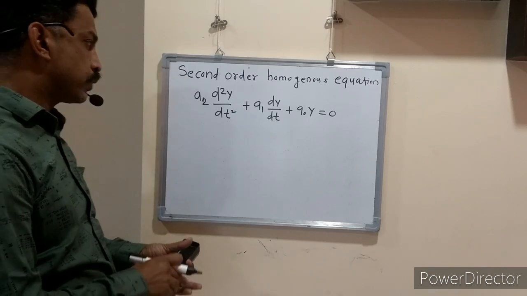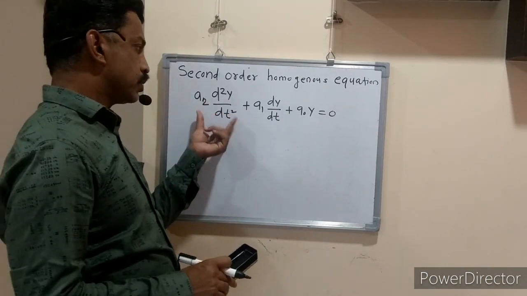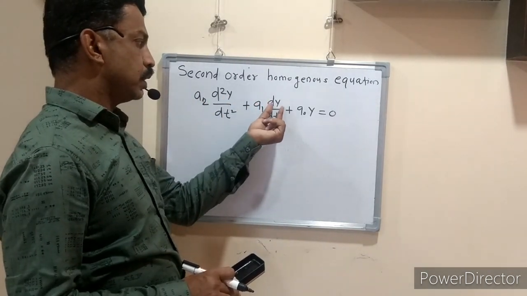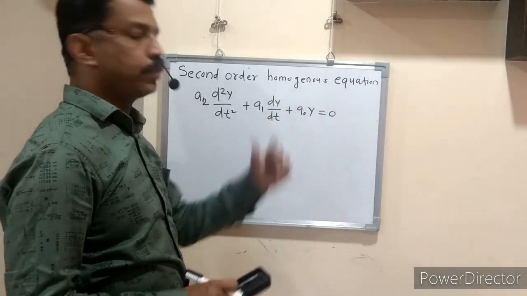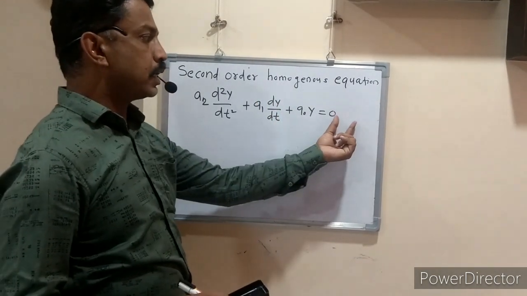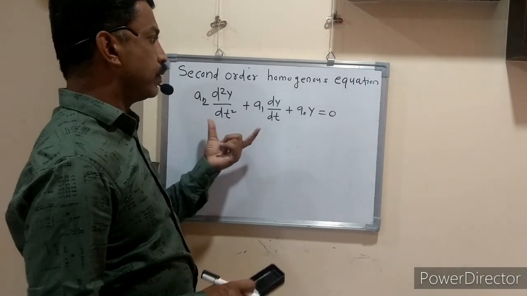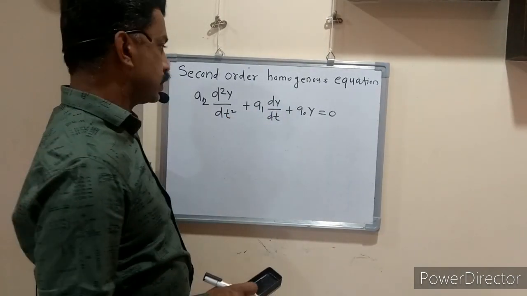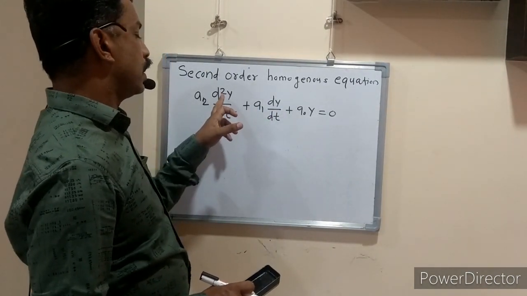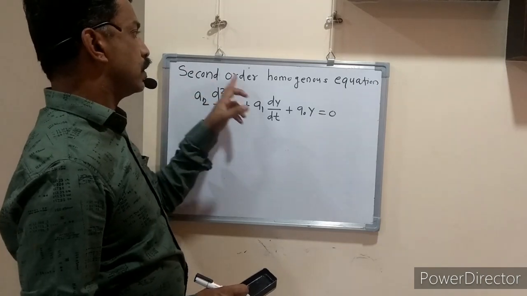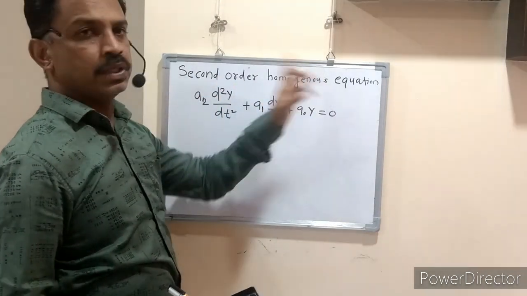Again, homogeneous equation means that in this term y is present, here also the dependent term y is present, here also y is present, and the right side is 0. Such type of equation is known as homogeneous equation. Again here the highest derivative is 2, so it is known as second order homogeneous equation.